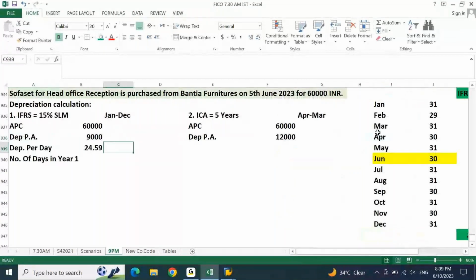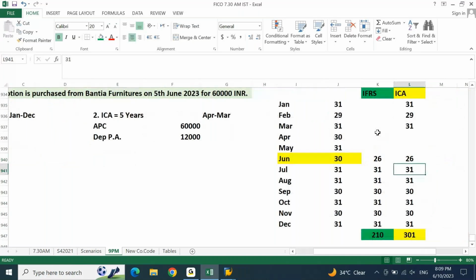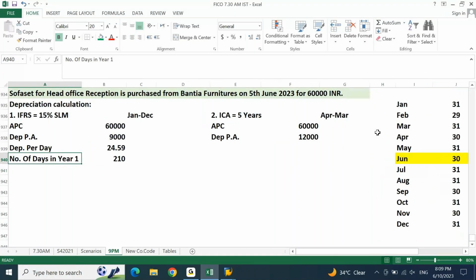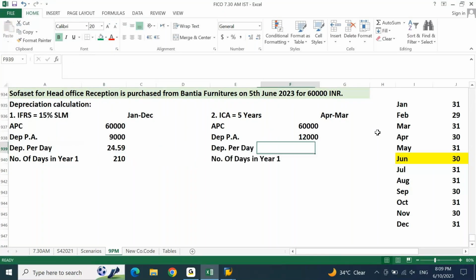Now, number of days in year 1 is 210 and 301. IFRS is 210. Let me put these two here. Depreciation per day here will be 12,000 divided by 366. Let me take this also into 2 decimal.